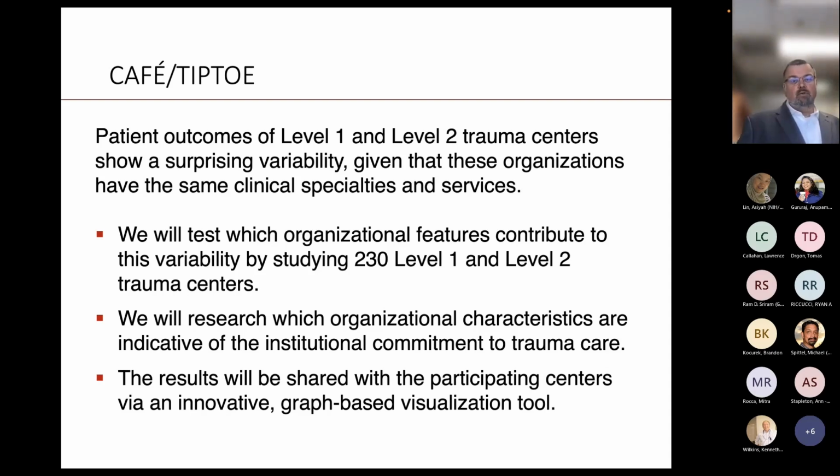And our aim is to recruit 230 level 1 and level 2 trauma centers across the US to onboard in this study. And we will research also which organizational characteristics are indicative of institutional commitment to trauma care. And then in the process of the whole thing, we will share the results, especially of the first part, with the participating centers in a way that informs the stakeholders there quickly to engage and motivate organizational changes where necessary.